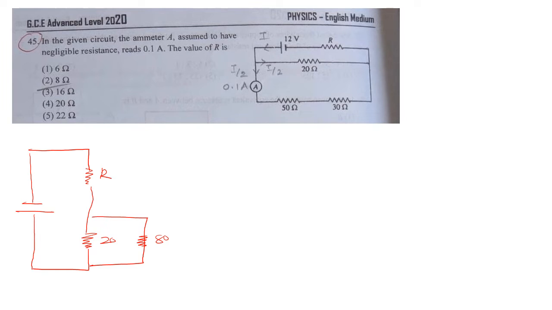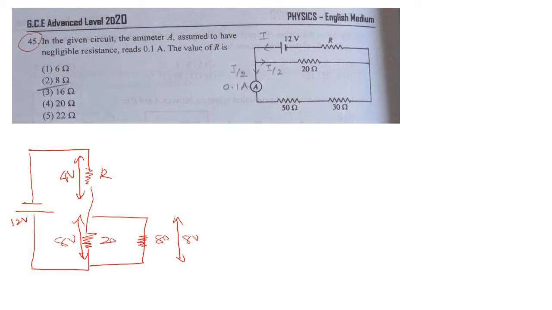Okay, and here the potential is 8 volt, so it is here also 8 volts. So this is 12 volt. So here 12 means the remaining will be 4 volt, right?